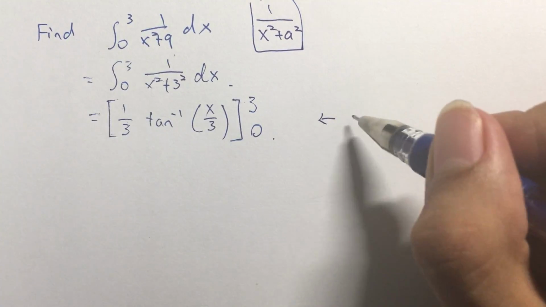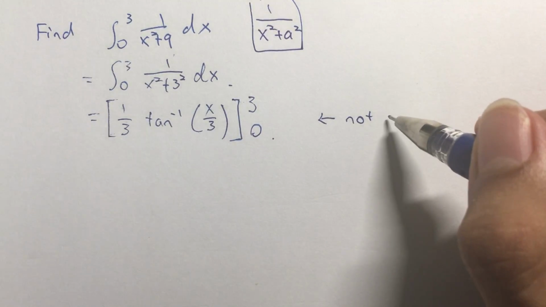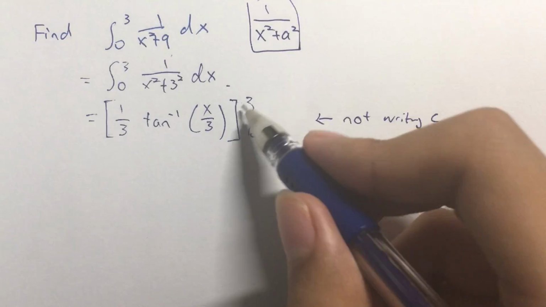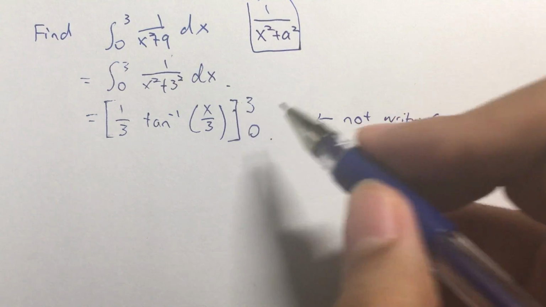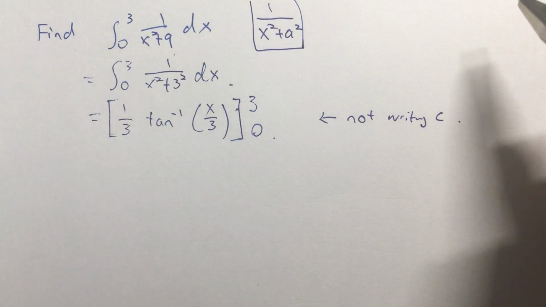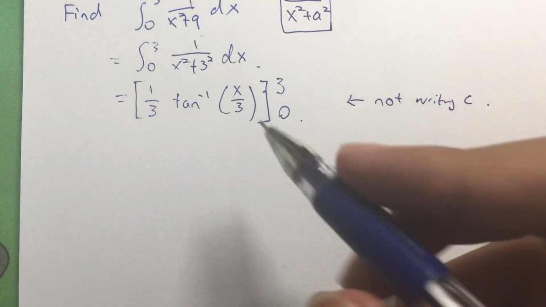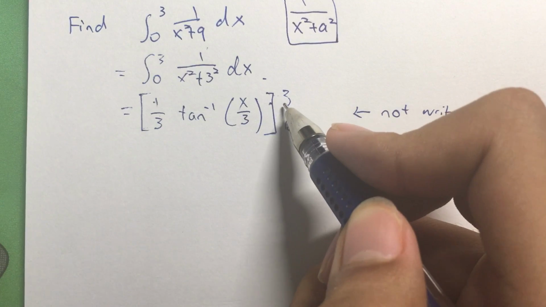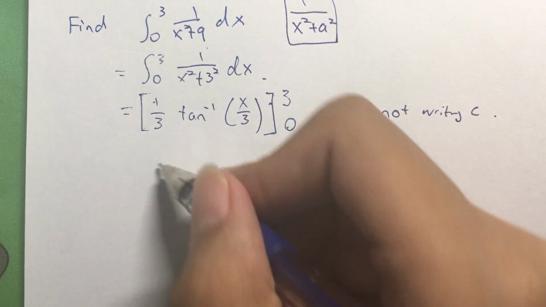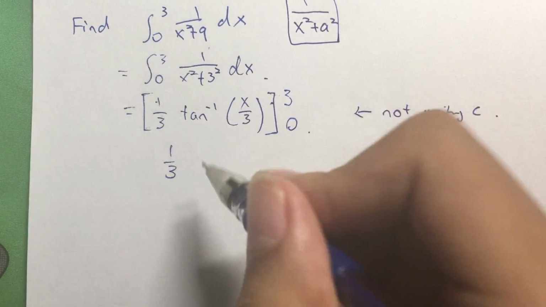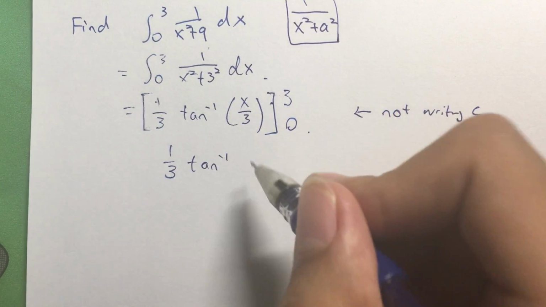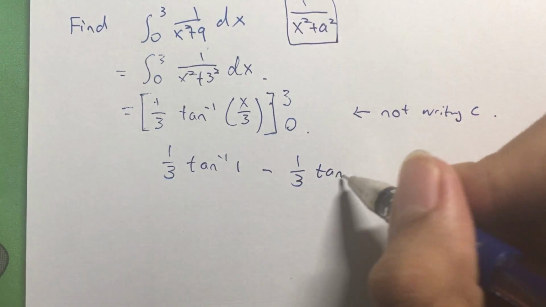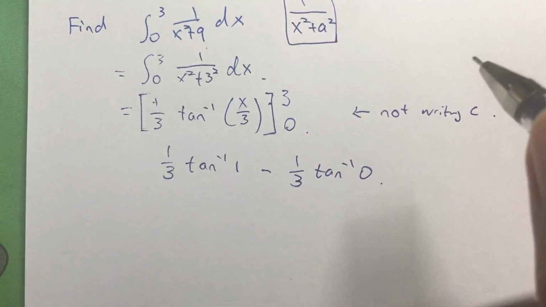We don't need to write c here, because c will cancel out. If you have c here, then it will eventually cancel out, so you don't need to worry about c, because c is a constant here. And now we can just sub the value in. So we have a third times inverse tangent 1 minus a third times inverse tangent 0.